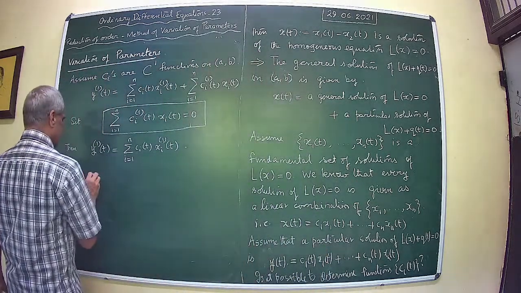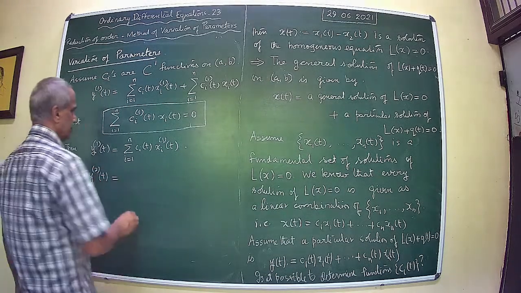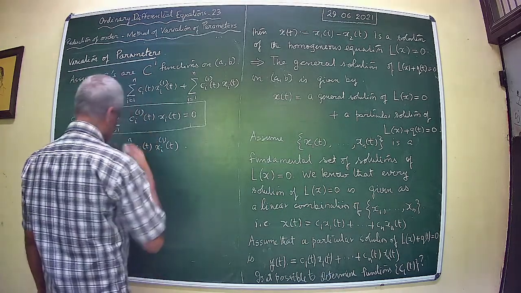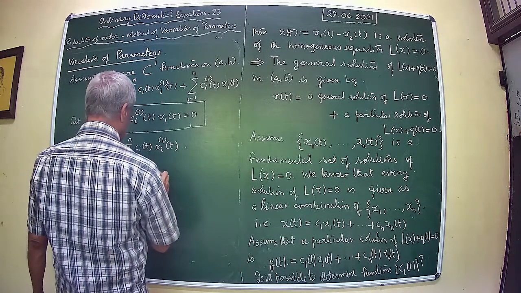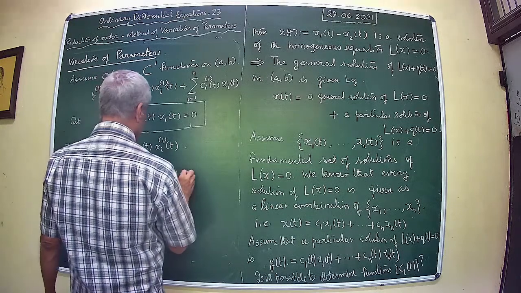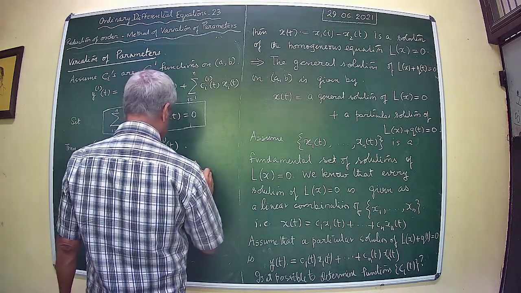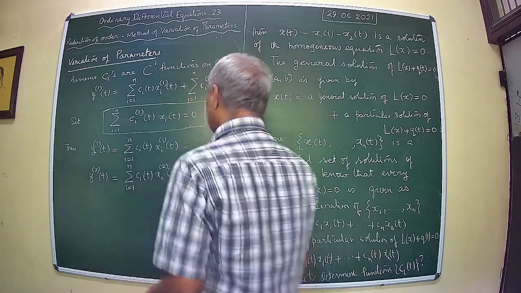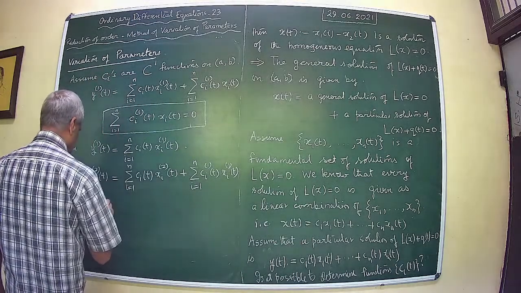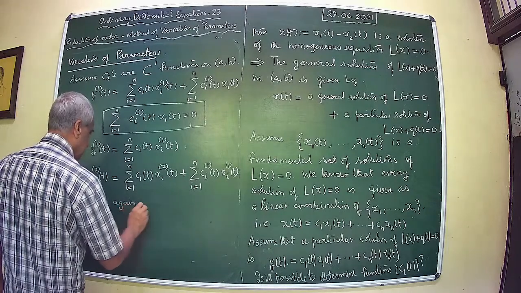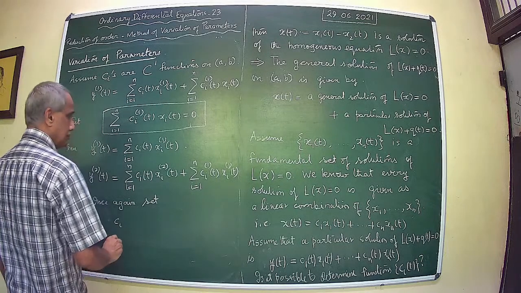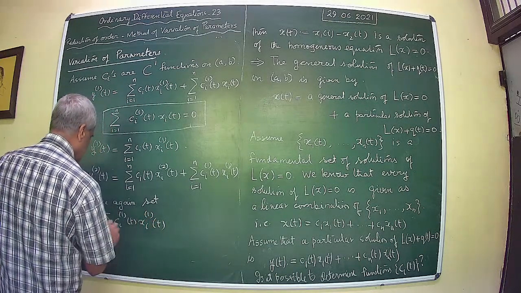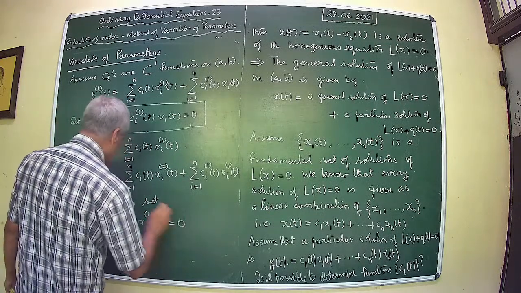Now compute y second derivative. Y second derivative of t is then equal to this. Once again set this equal to 0.